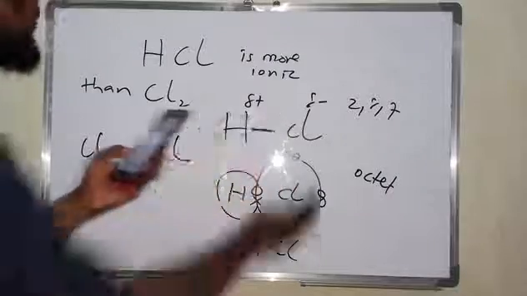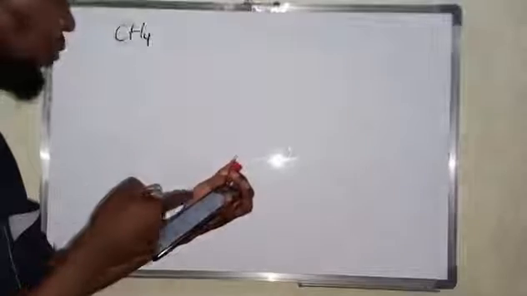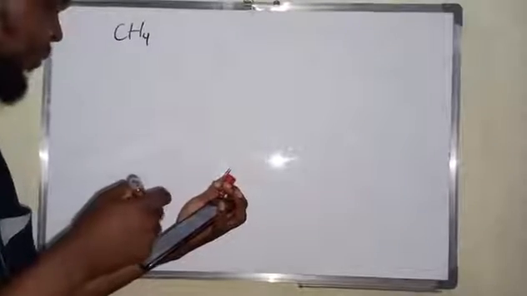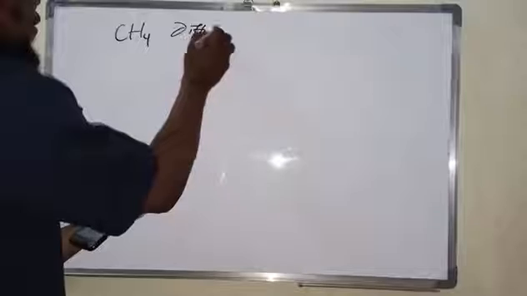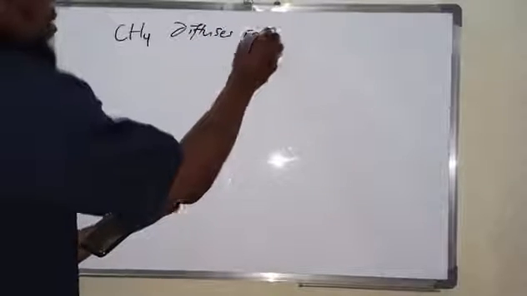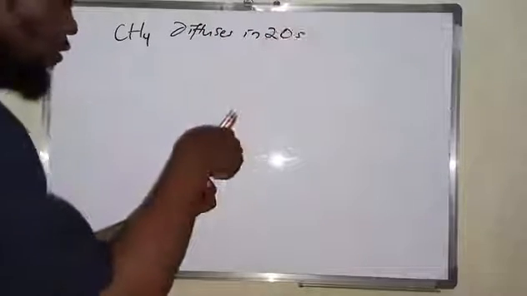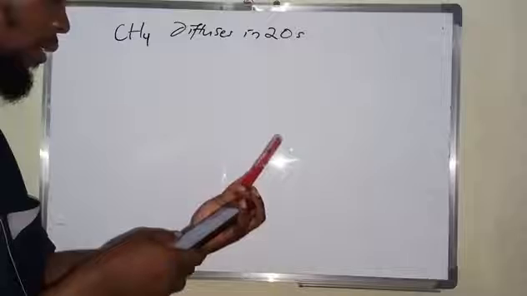It says: a given volume of methane, CH4, diffuses in 20 seconds.